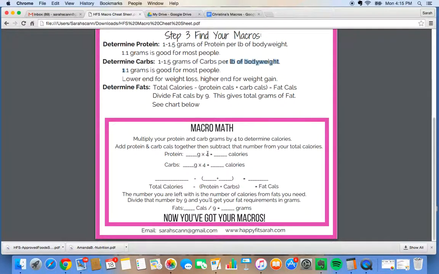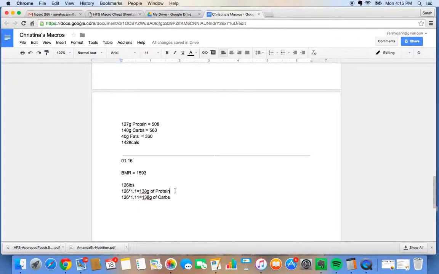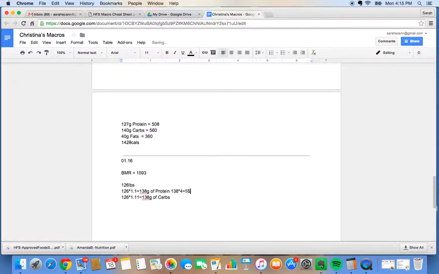There are 4 calories in every gram of carb. So easy enough. We're going to do 138 times 4. And so that's going to be 554. And so there is your total.